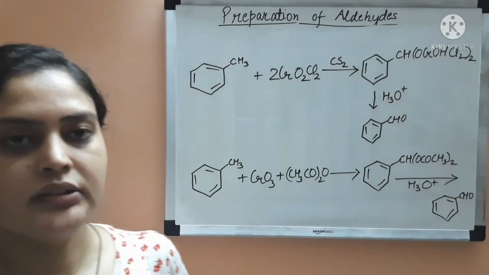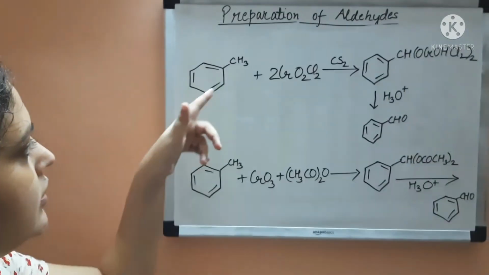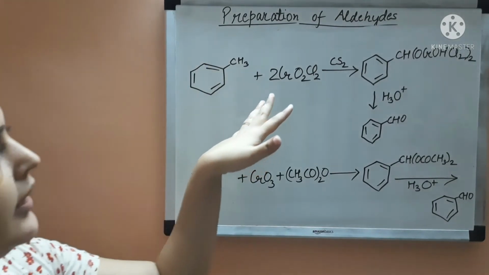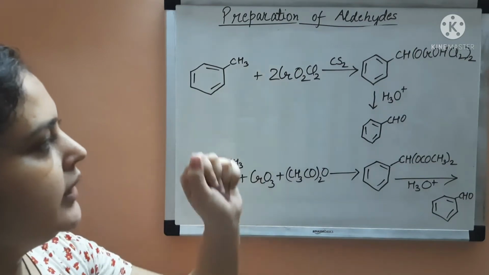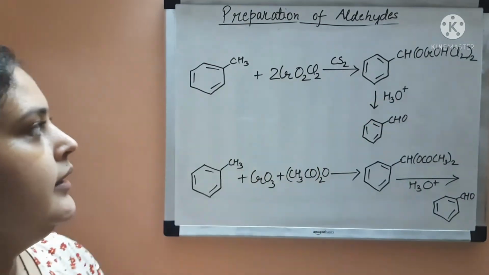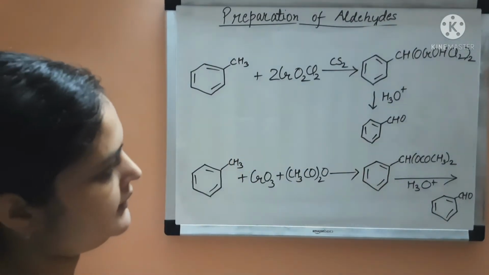Next we will see the oxidation of hydrocarbons. This is methylbenzene, or toluene, and when we add chromyl chloride and CS2, carbon disulfide, the toluene is changed to benzaldehyde.